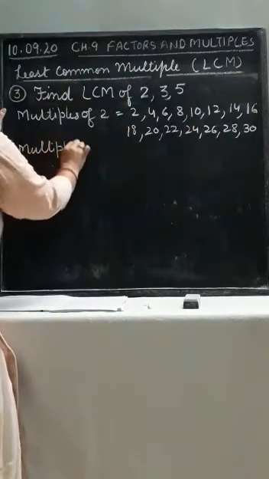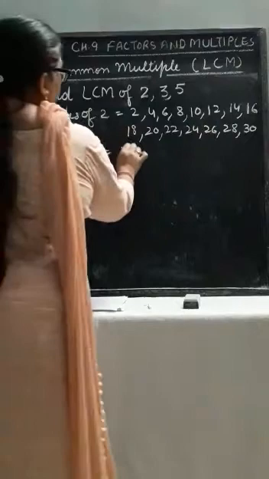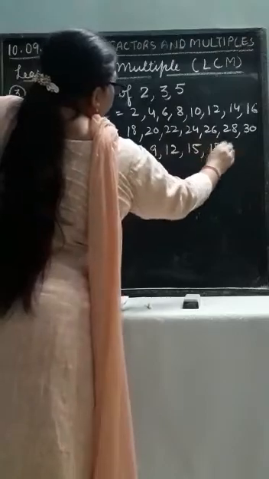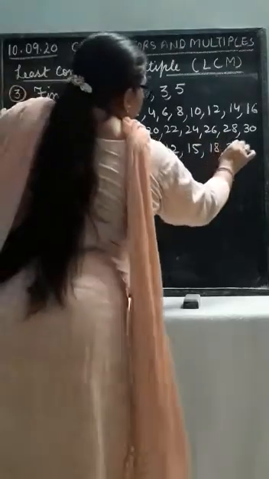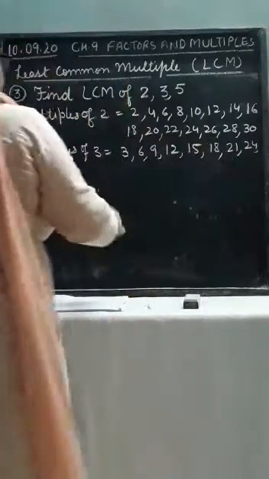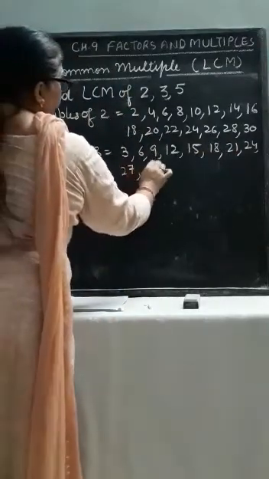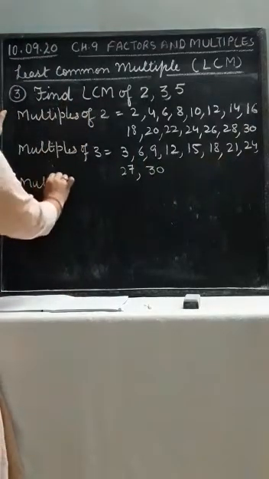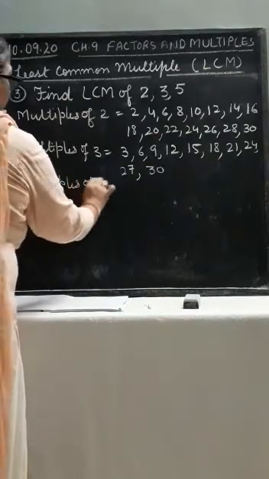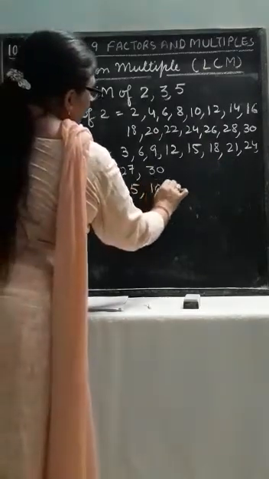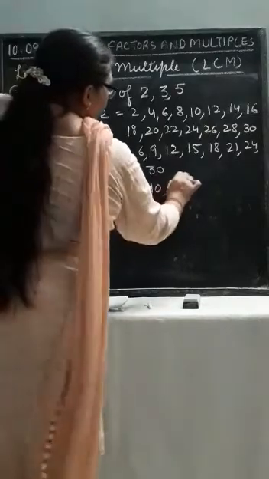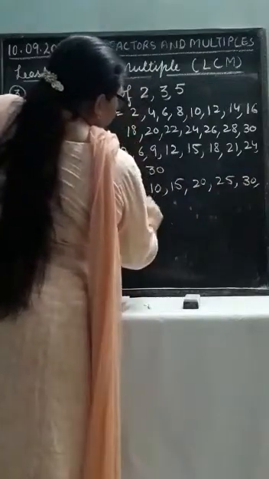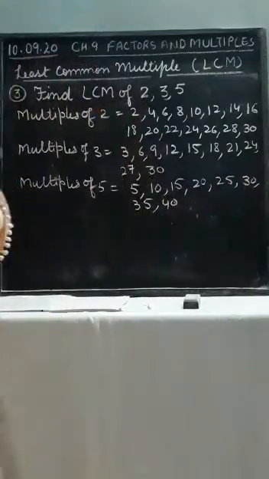Multiples of 3. 3, 6, 9, 12, 15, 18, 7s are 21, 8s are 24, 9s are 27, 10s are 30 and so on. Then multiples of 5. 5, 5 2s are 10, 3s are 15, 4s are 20, 5s are 25, 6s are 30, 7s are 35, 8s are 40 and so on.